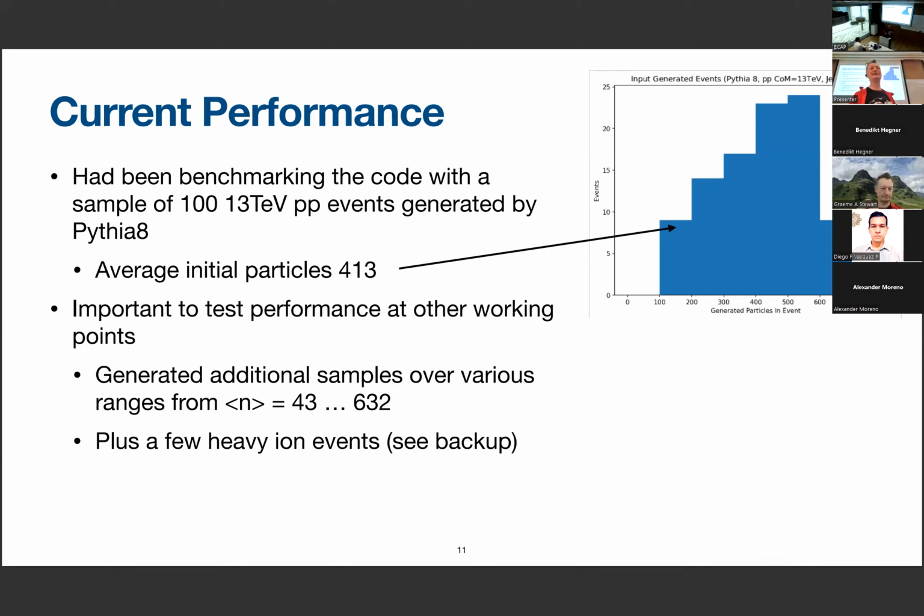You can't really just take points and spread them all over the place because that's not what events look like. You've got to use an event generator. And we also threw in a few heavy ion events just for laughs. So there are some backup slides there that I might go through if we have time.